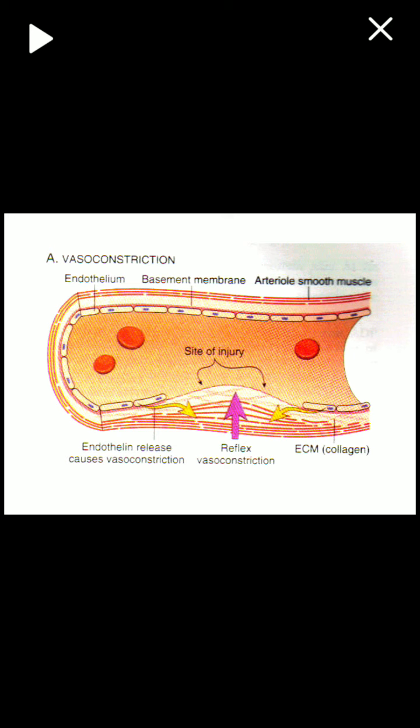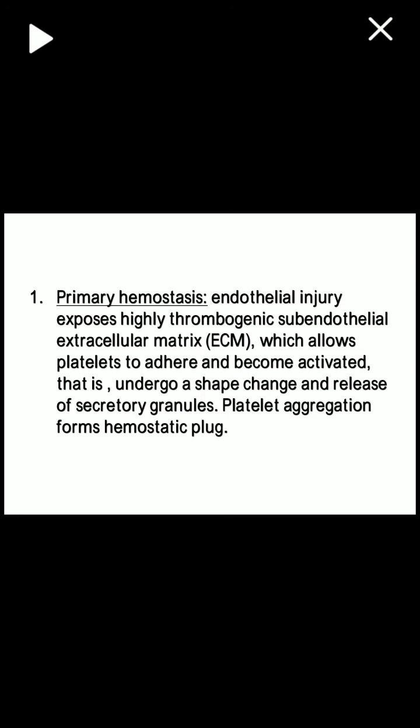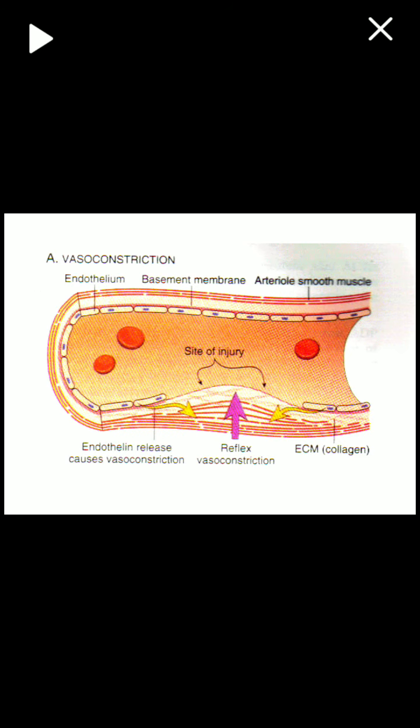The arrow mark is shown as the site of injury. Whenever there is a site of injury, there is a brief vasoconstriction due to release of endothelin from the endothelial cells. So this is the first step in primary hemostasis.